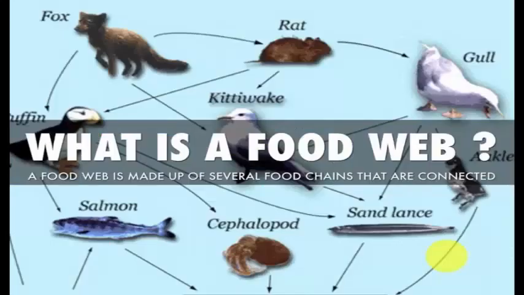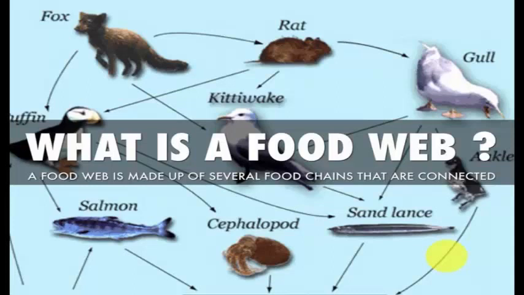Now that we know what a food chain is, what a simple food chain is, can you guess what a food web is? The name itself suggests that a web is some kind of crisscross network. So a food web is when we have a lot of food chains that are interconnected with each other. It is not that one particular producer is eaten by a consumer, and that consumer is again eaten by a secondary consumer.